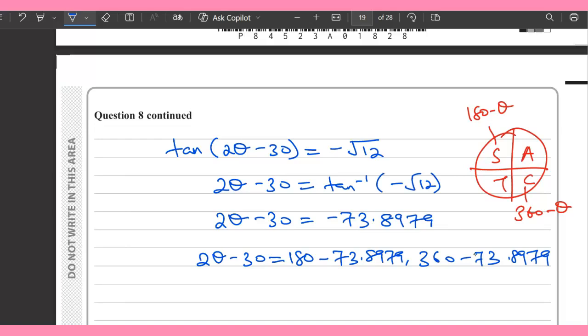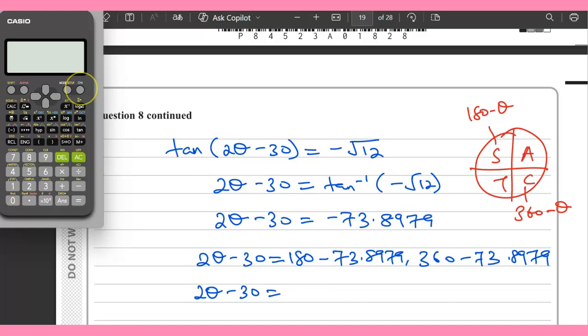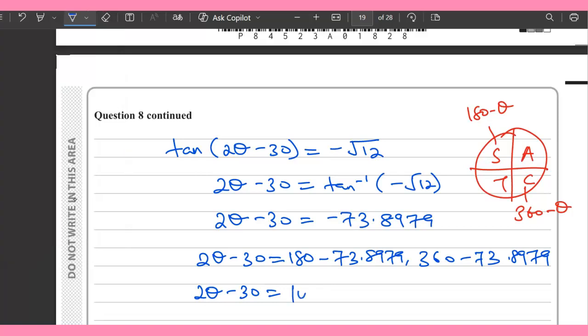Now this will be equivalent to 2 theta minus 30 equals, let's get the difference. The difference in this case will be 180 minus 73.8979. This gives you 106.1021.